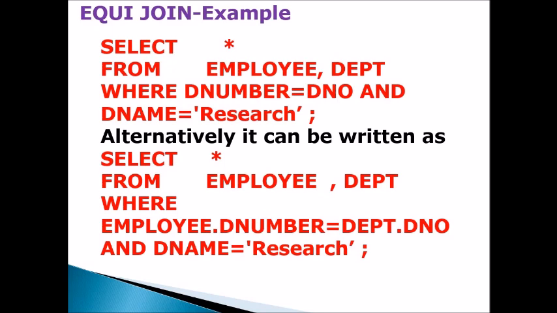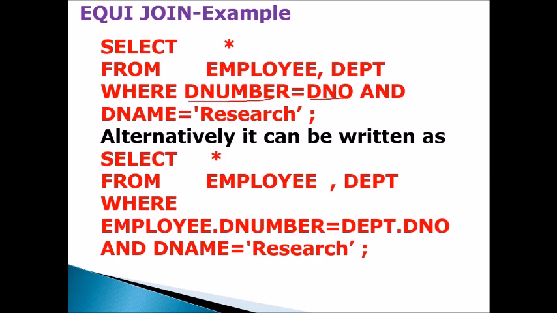So this is an equijoin example. Select asterisk from employee comma DPT where D number is equal to DNO. So if the column names are different, then you can directly write D number equal to DNO. But if the column names are the same, that is, if DNO is in employee also and DNO is in DPT also, then you cannot write like this.